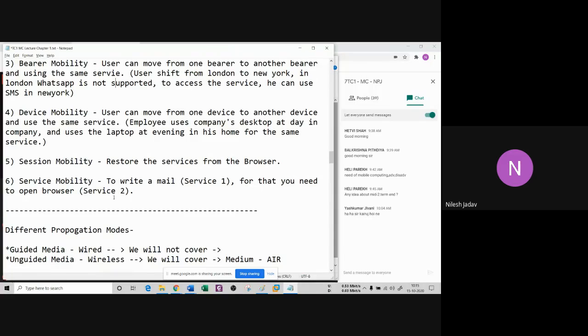If there is a web portal, and a person is working in a company from 9 to 5 and using the web portal on the company's desktop in the daytime, now if there is work pending, he can come home at around 7 o'clock and likewise use the same web portal on his laptop at home, right? So this is a kind of device mobility. You are changing the devices: desktop in the company and laptop at home.